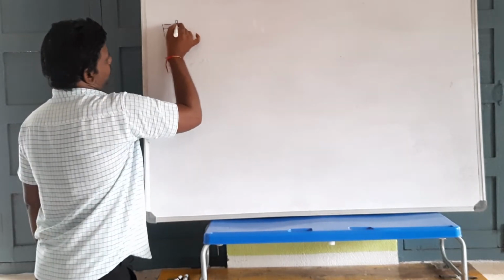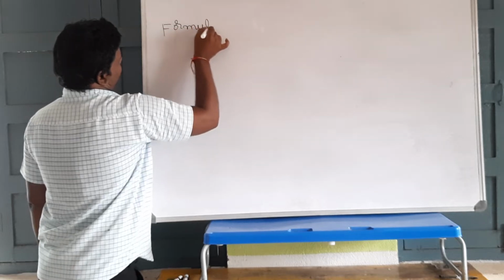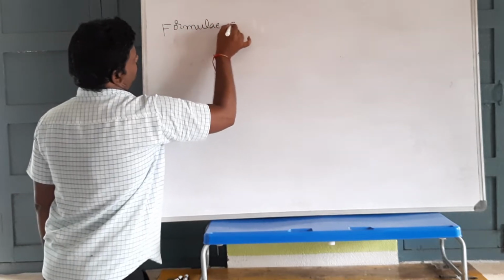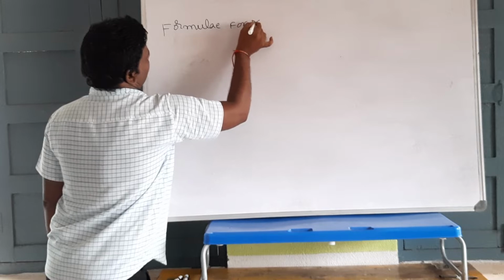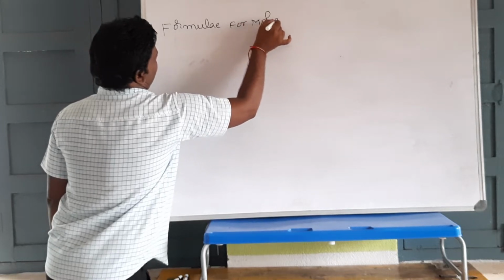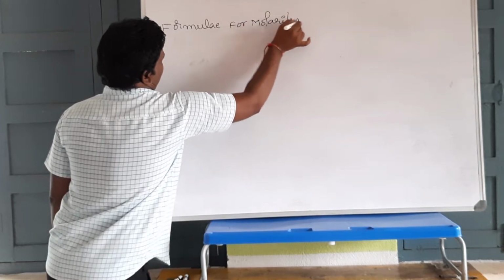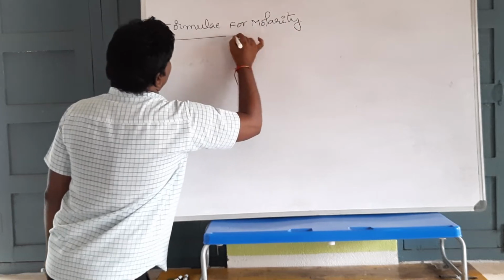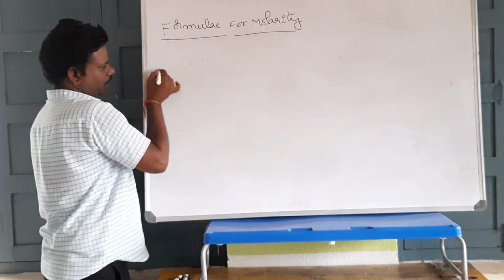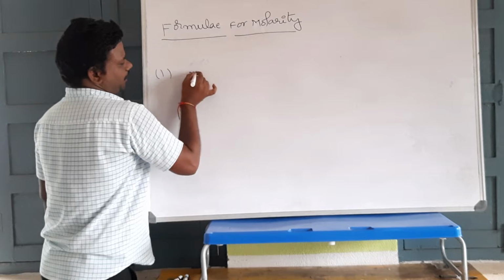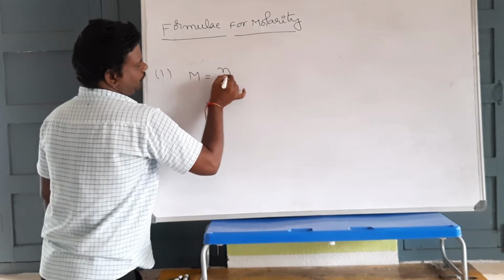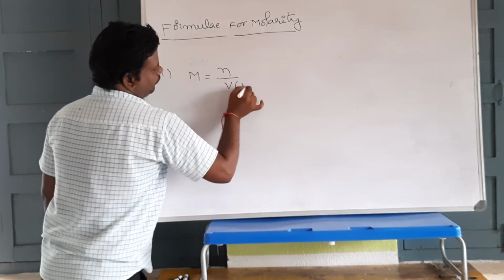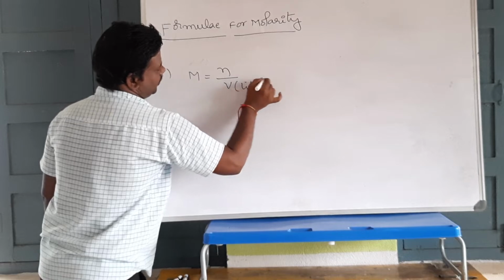Okay students, now we are going to discuss formulas for molarity. Look here. First formula, formula 1. Molarity capital M is equal to number of moles by volume of solution in liters.